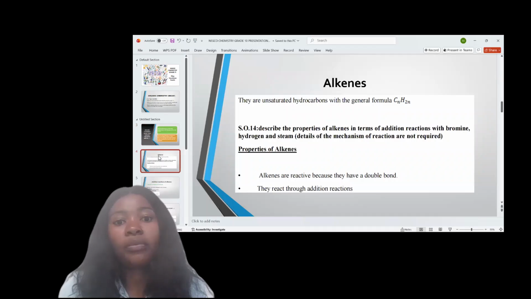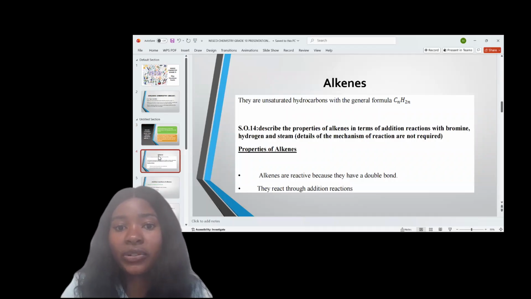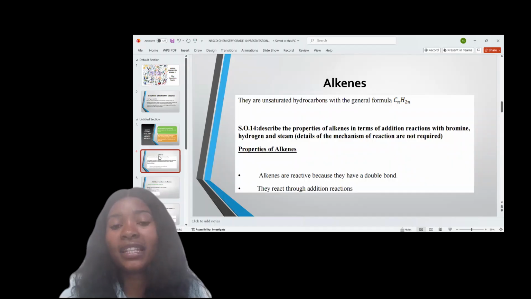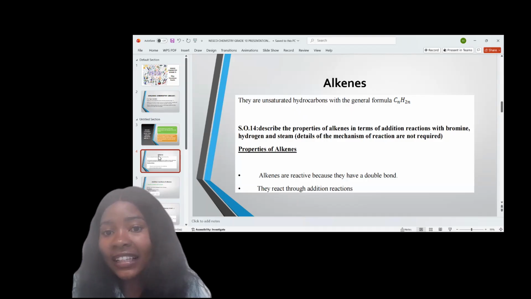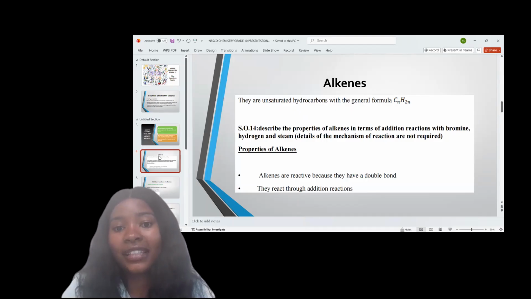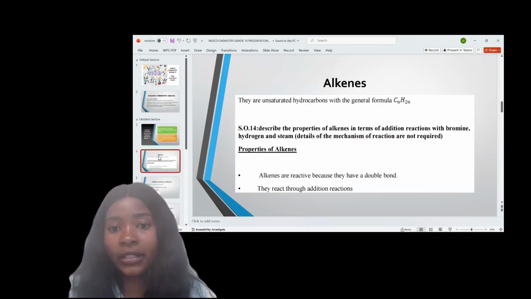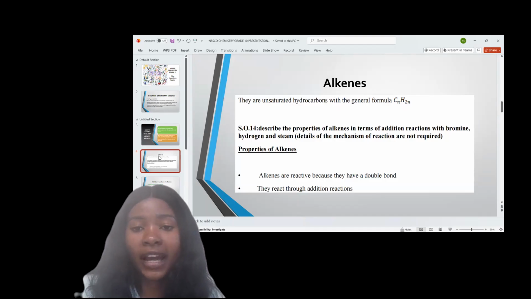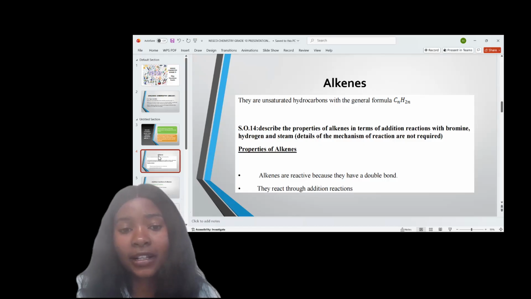When we are talking about alkenes, we are saying they are unsaturated hydrocarbons with a general formula of CnH2n. What differentiates the alkenes and the alkanes is the double bond. Our alkenes have a double bond between two carbons, while the alkanes just have single bonds.